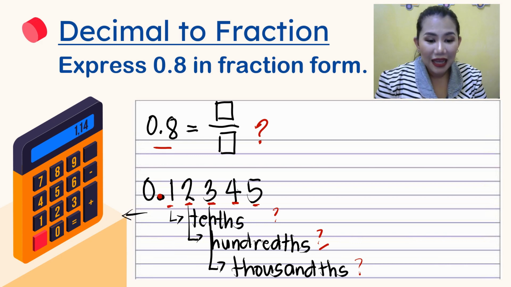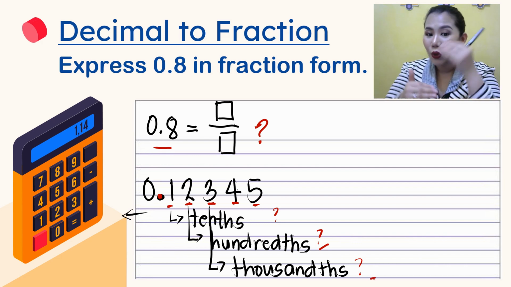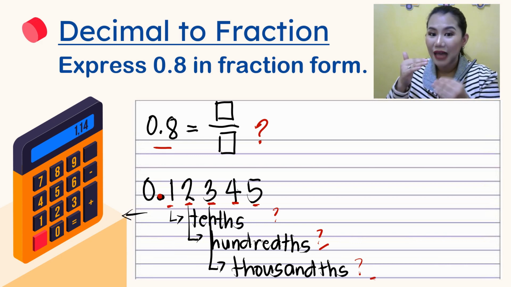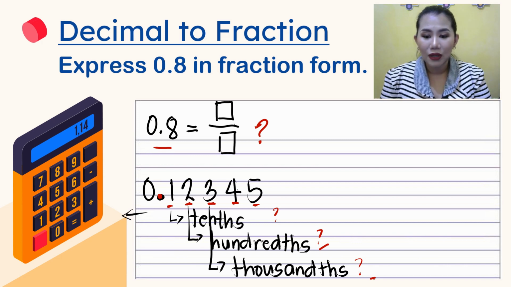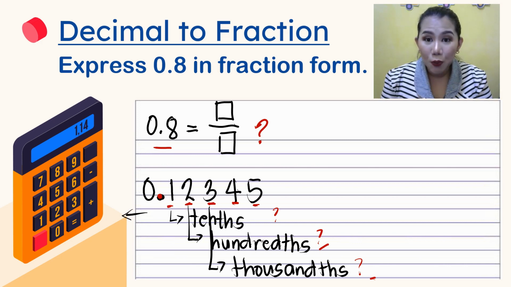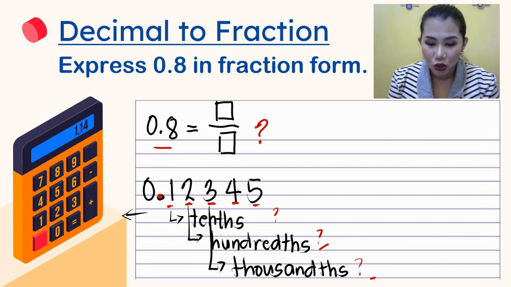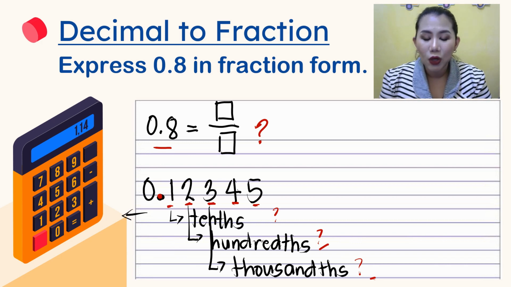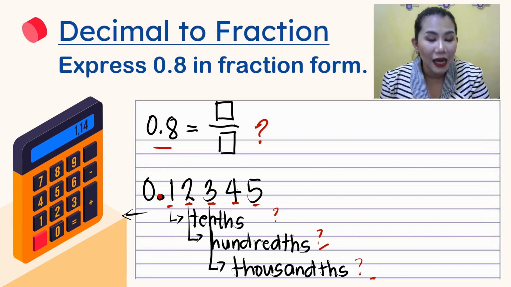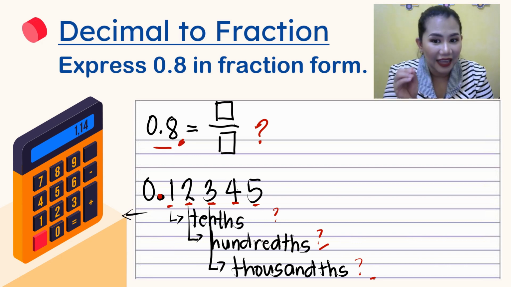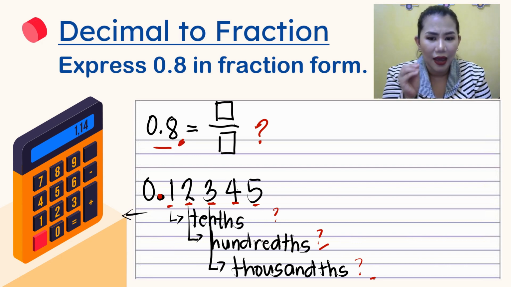Yung thousandths na yan ay nangangahulugan na ang denominator or yung nasa ilalim ay 1,000. So, if we're going to try to change 0.8 into a fraction form, therefore, what we are going to have is just to simply copy 8, copy the digit 8. Okay, you just copy the digit 8.